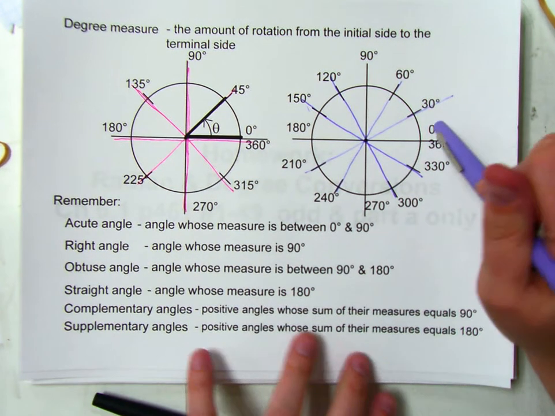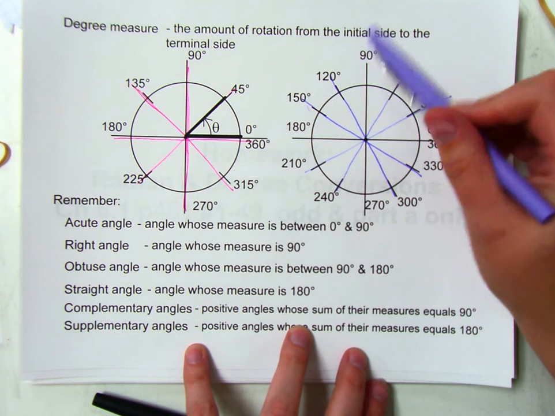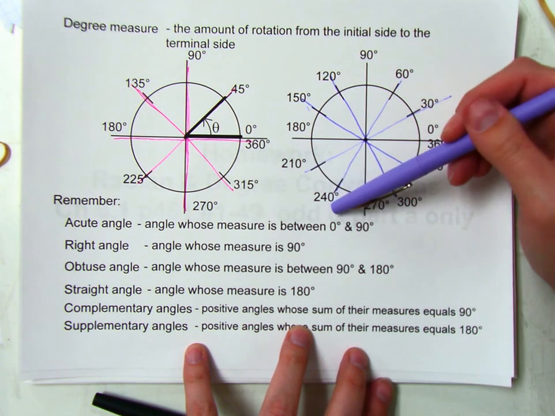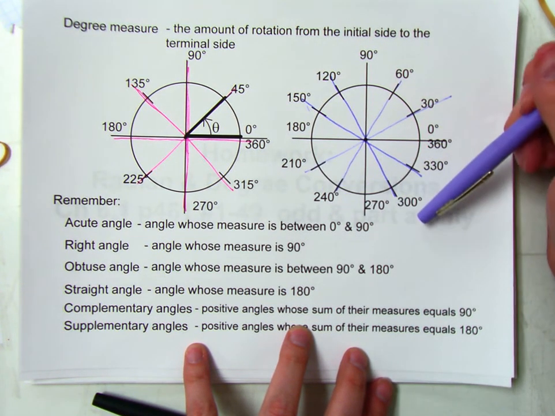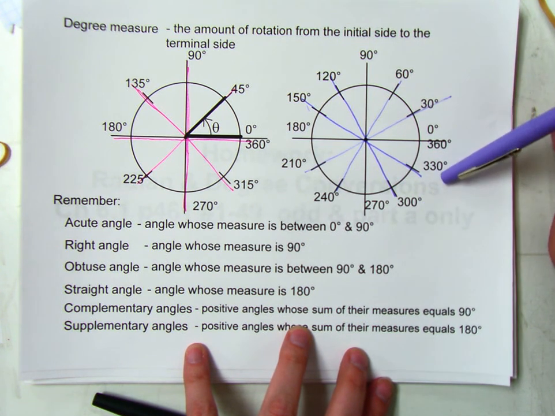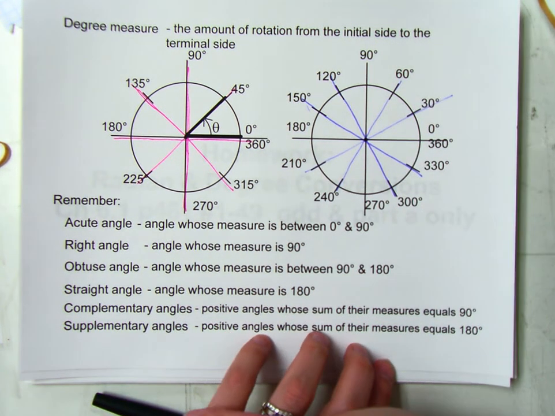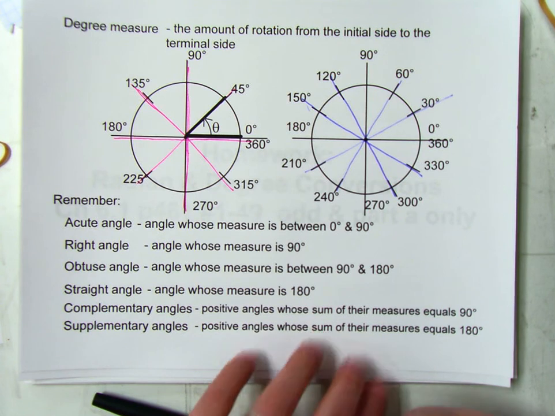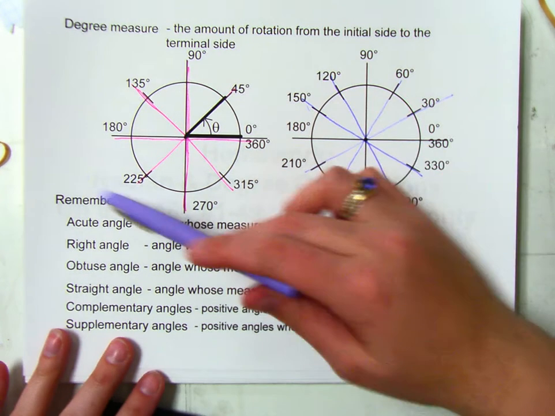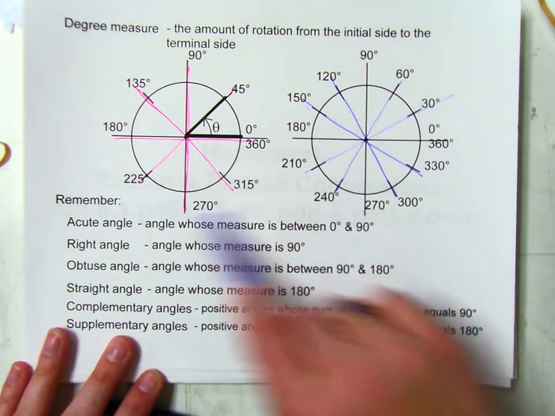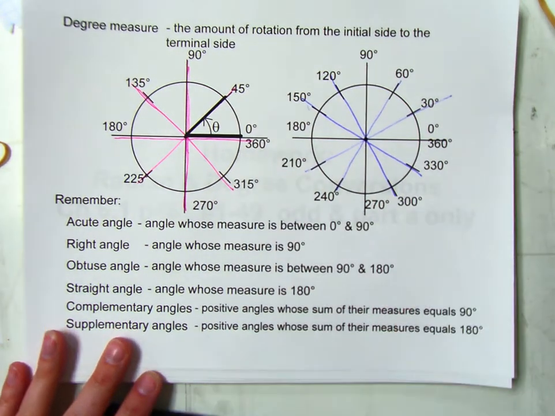So I've got 0, 30, 60, 90, 120, 150, 180, 210, 240, 270, 300, 330, and then 360. So these each go by 30s. You need to memorize these because we will be doing something with this on Friday.